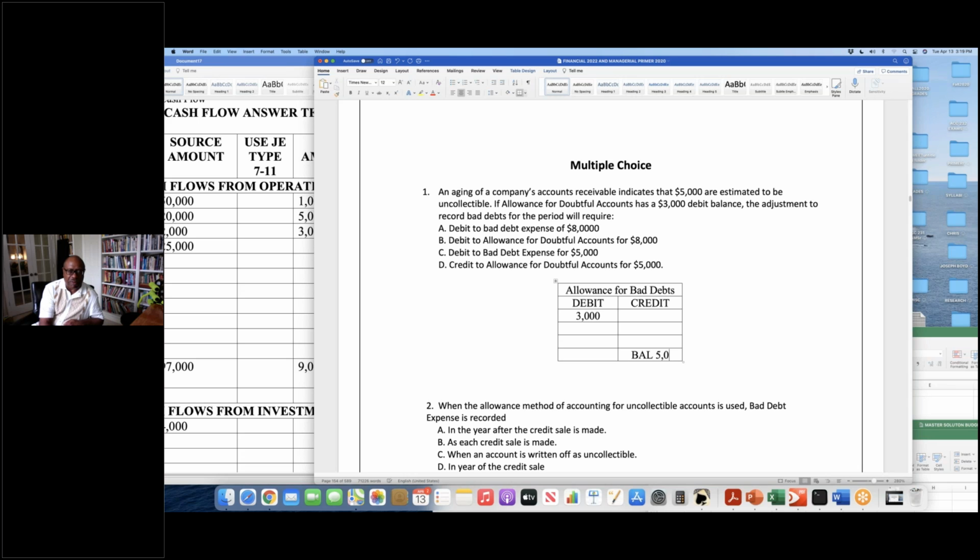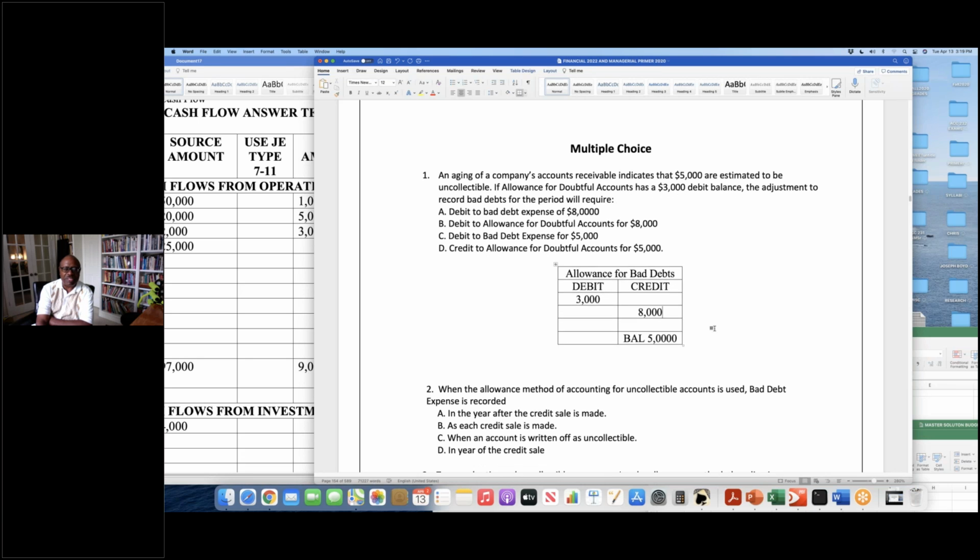So what's your amount got to be to get that balance of 5,000? The AJE has an $8,000 credit, and you would debit bad debt expense 8,000, credit the allowance.